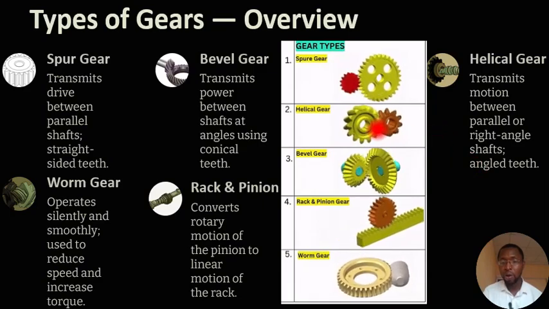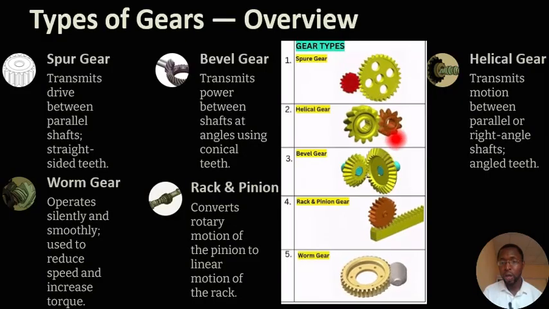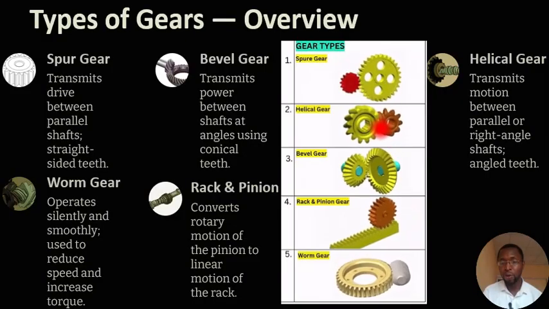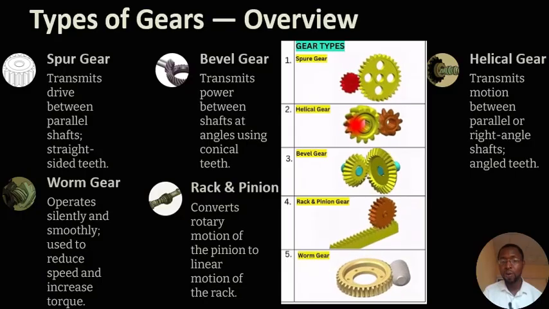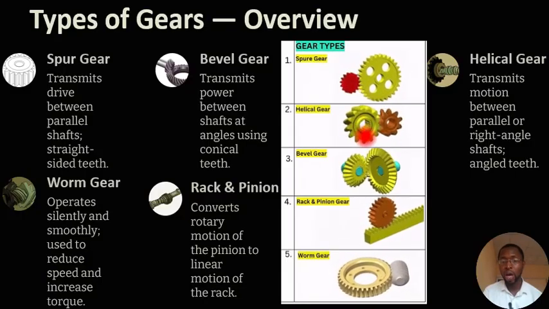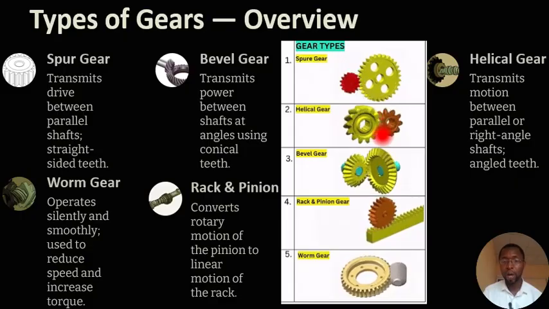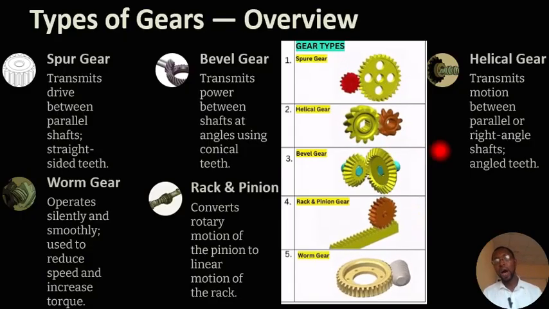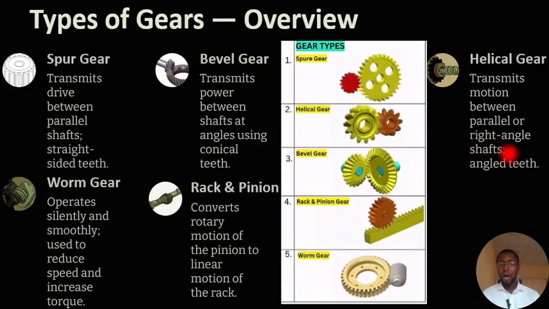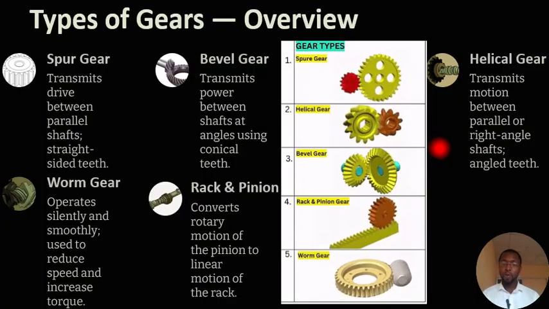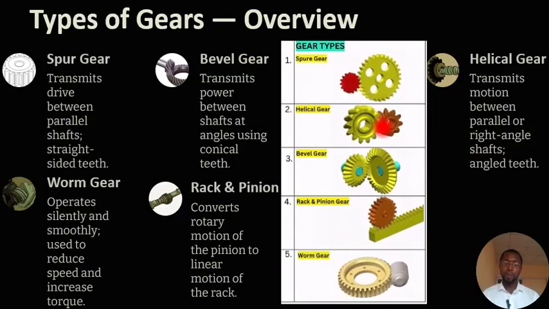This gear can also be parallel to each other too, but know that the teeth of each of the wheels are in an angular direction. So helical gear has its shafts parallel and might also be at an angle to each other.